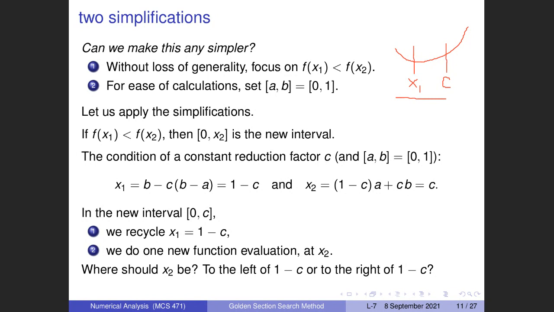We now have a value for x1, it's 1 minus c. We have to take one new function evaluation. Do we take it to the left of x1 or to the right of x1, where x1 equals 1 minus c?